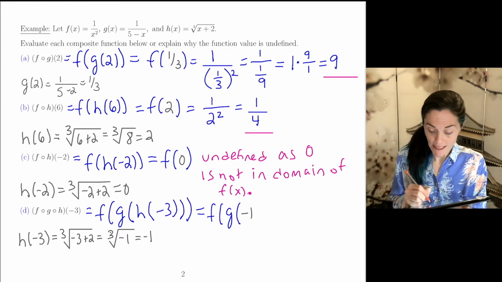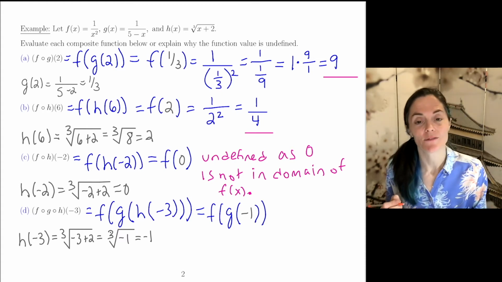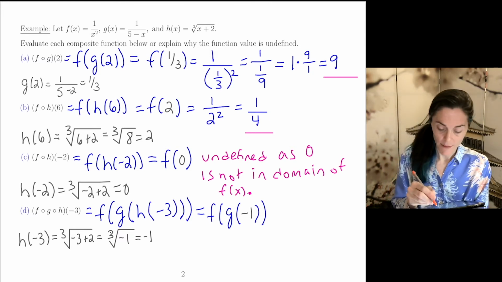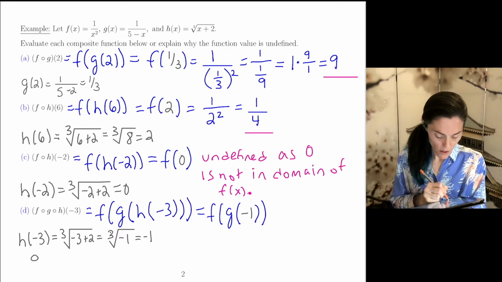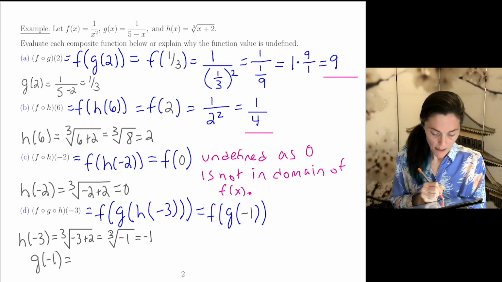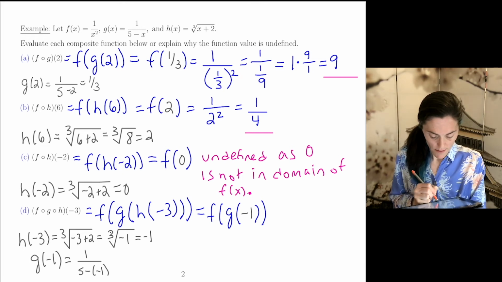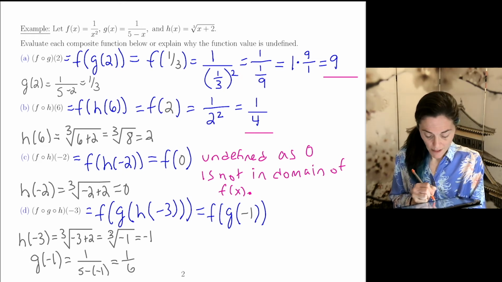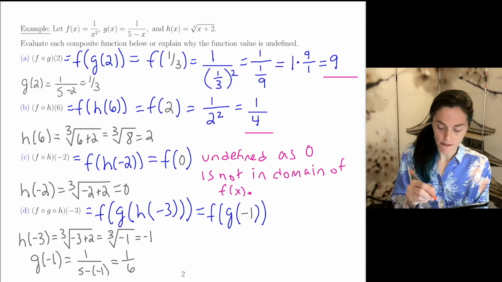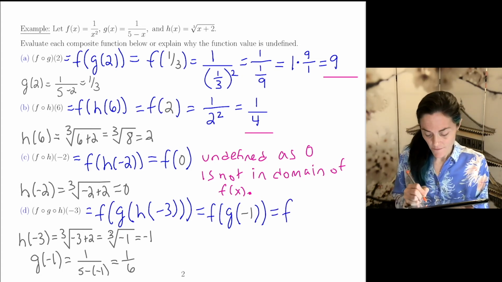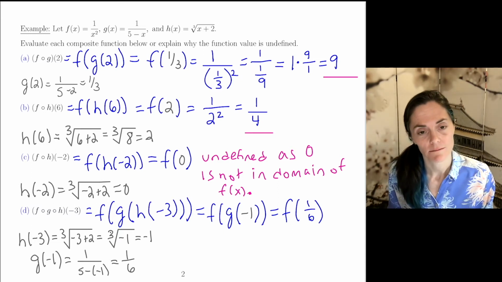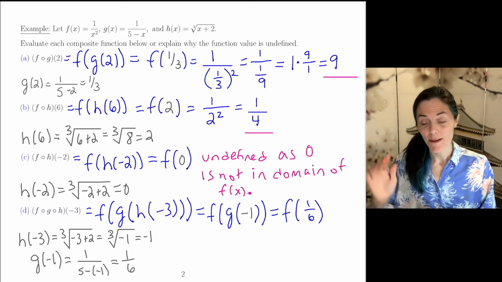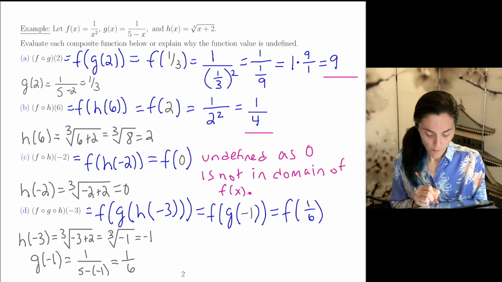Well, one more equals, this is f of g of negative 1. So now we put negative 1 into function g. Maybe I will do that below. G of negative 1. This is 1 over 5 minus 1... this is 1 over 5 plus 1, which is 1 over 6. So now we have f of 1 over 6. Well, we're going to have another fraction in our denominator, and we will invert and multiply again.